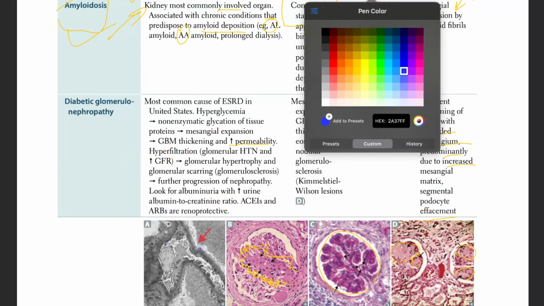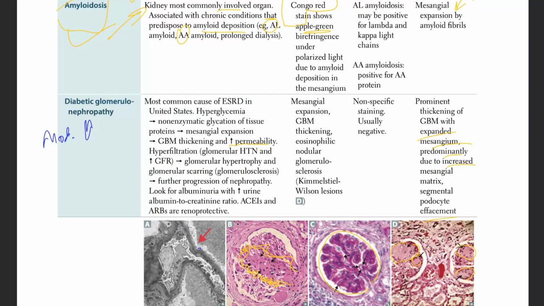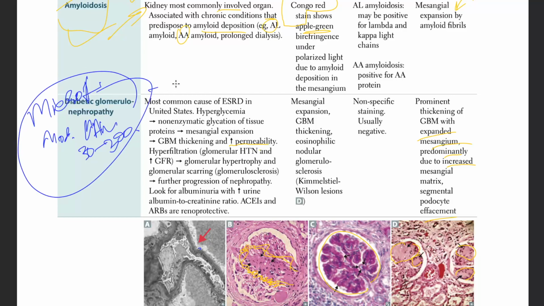So some important points are, you have a moderate increase in albuminuria, which is about 30 to 300. Now this is called microalbuminuria, and this microalbuminuria is the earliest manifestation of diabetic glomerulonephropathy.